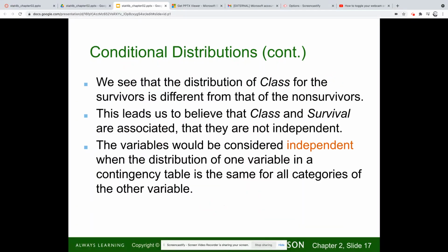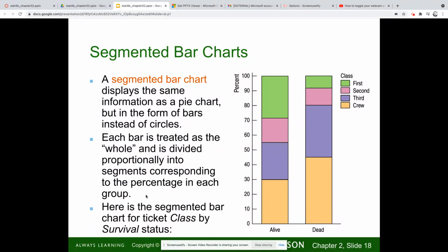So a segmented bar chart shows us the relativeness. It's almost like a pie chart, but it's a bar. This is nice because I could see that the alive green, representing the first class, this top section right here is much larger, 3 times larger than this.